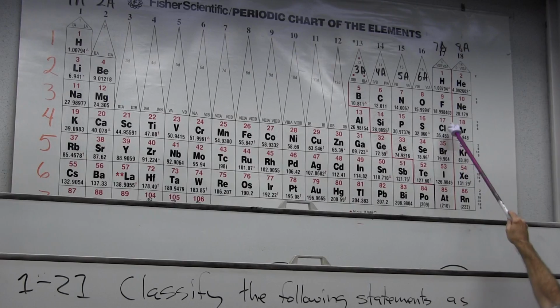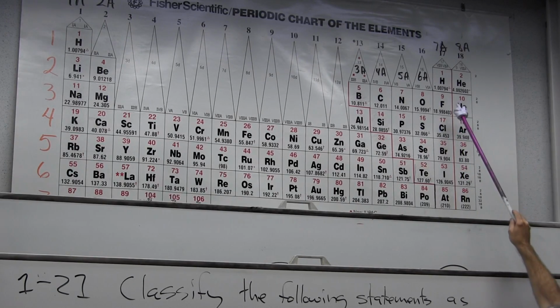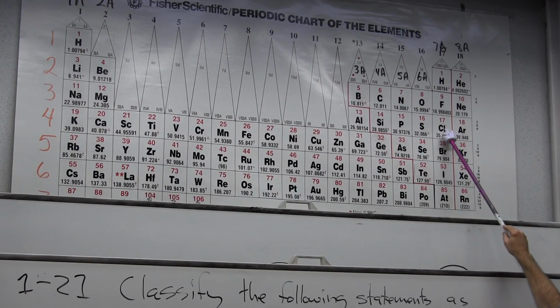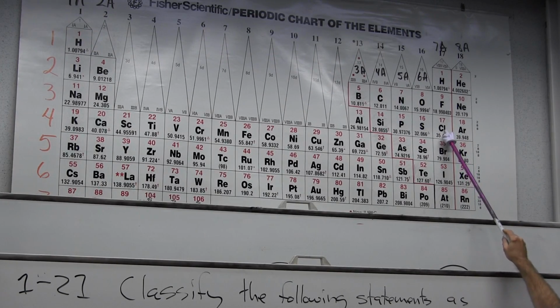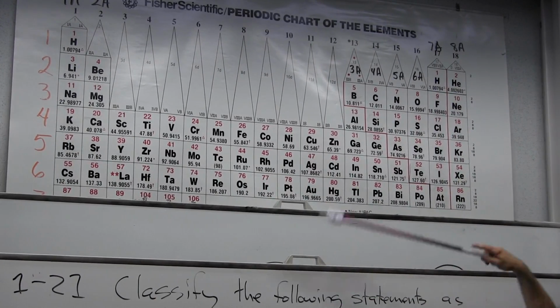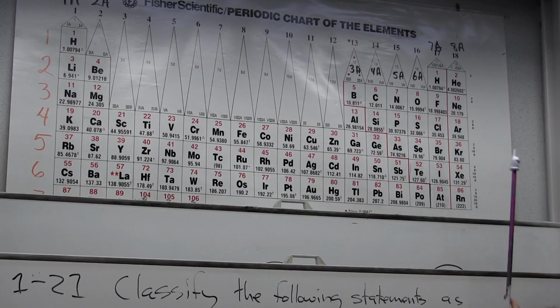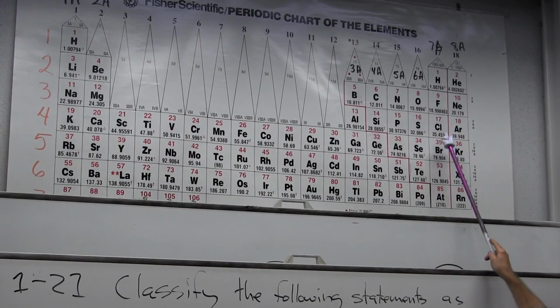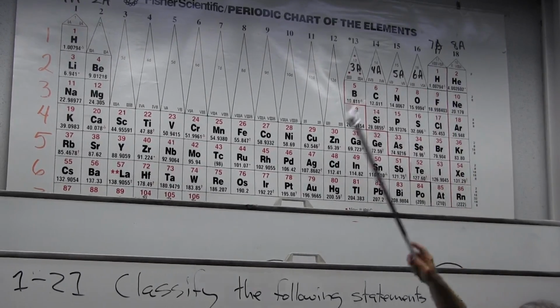We get larger, and so again, I've got 4, and this is, I believe, 3.5, or actually 3, sorry, but we see an increase in size and a decrease in electronegativity. Electronegativity gets larger as the atoms get smaller.